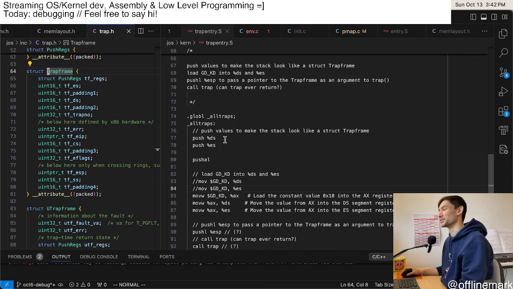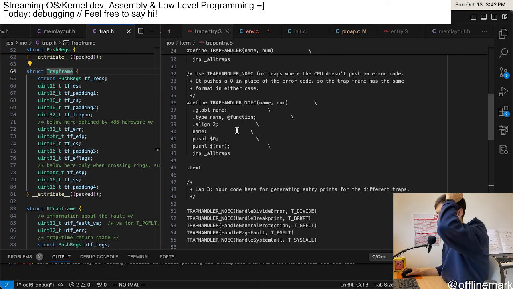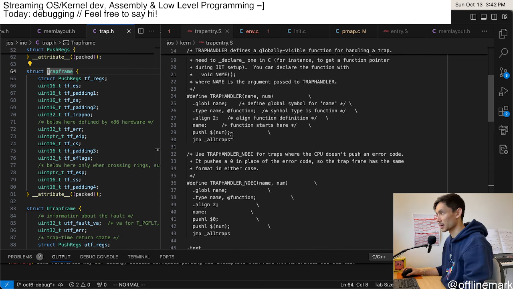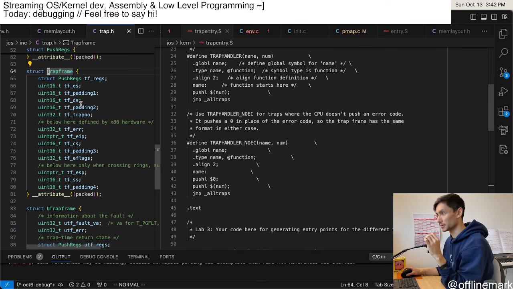In the trap handling, we have all these macros that define these various entry points for the different exceptions, which push some very basic information about them, such as their trap number, and optionally a little bit of padding in case there was no error code. And that crafts this, starting from here, basic.